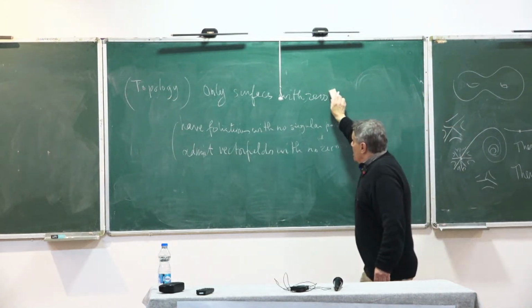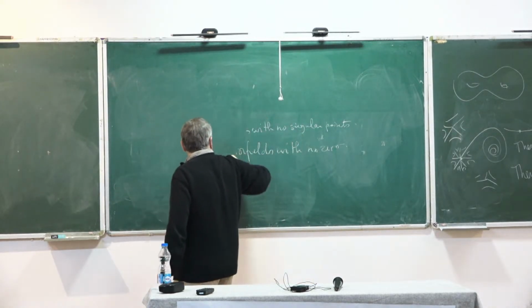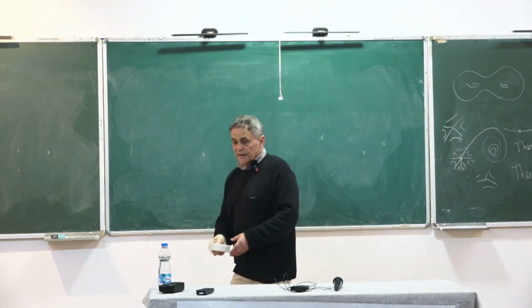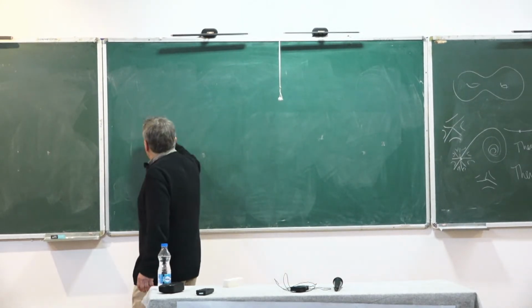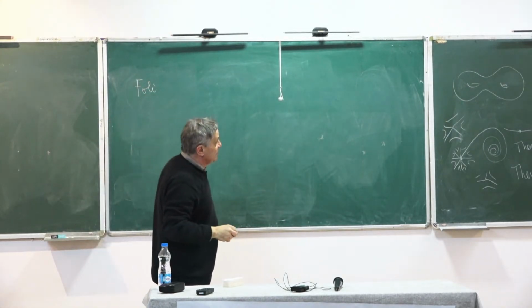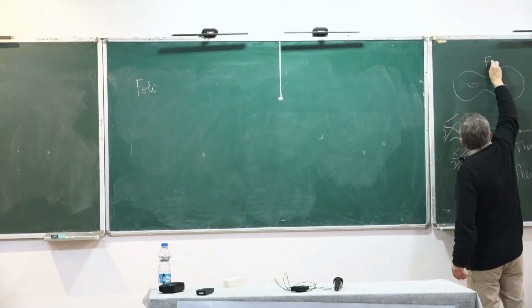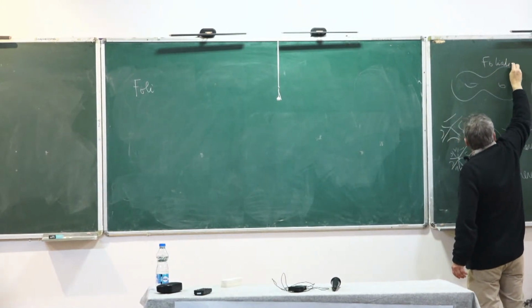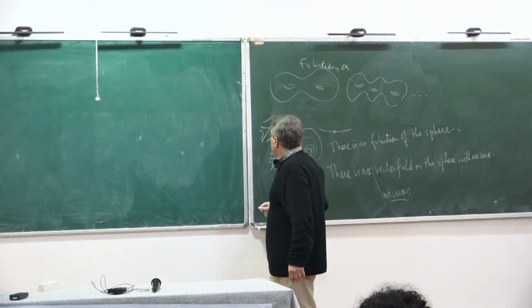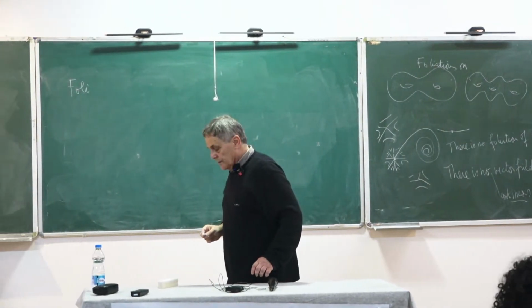Now in this Thurston theory, we want to study foliations, in fact foliations on this kind of surfaces.